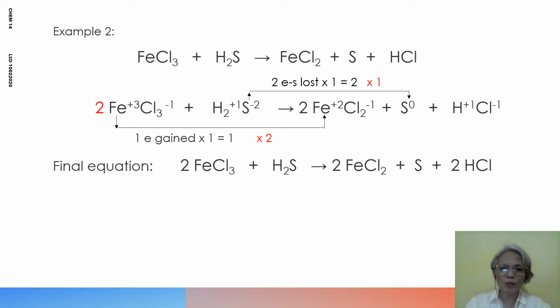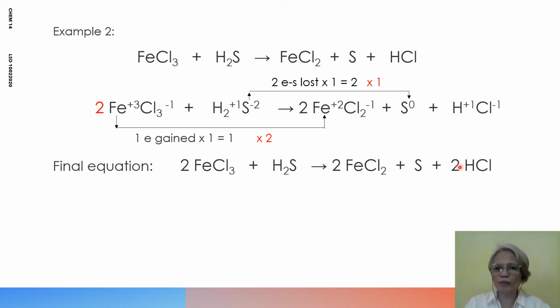So we have 2 moles of ferric chloride, so we must affix 2 here. And then you count the number of atoms. So you have 2 iron, 2 iron. What about chlorine? There are 2 times 3, 6. You only have 2 times 2, 4.